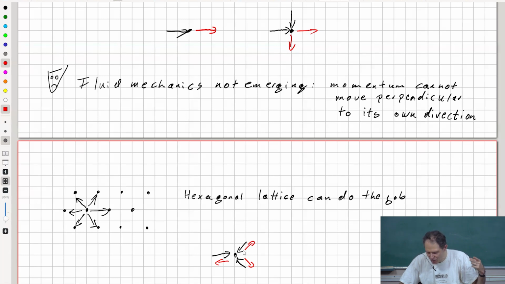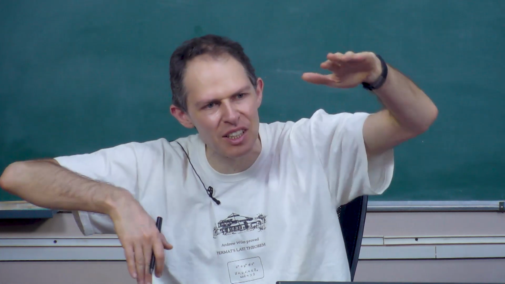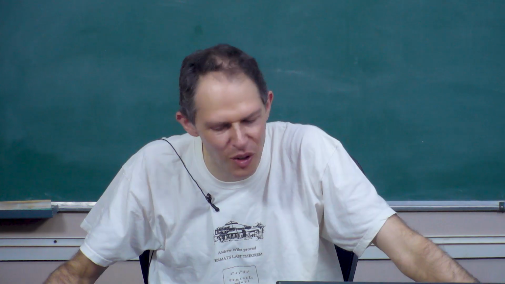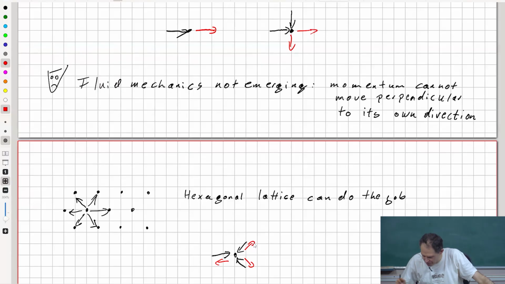And now if they do this triple collision, where they are returned back to the outside, they would spread, they could move momentum from the horizontal to the vertical direction. So this is important in order to get fluid mechanics going.